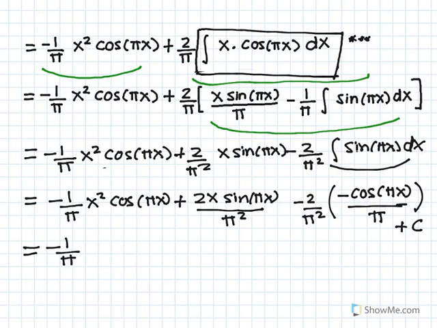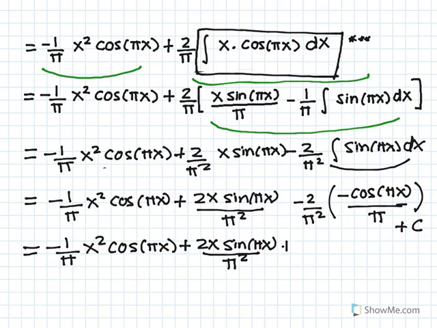Negative 1 over pi x squared cos of pi x plus 2x sine of pi x divided by pi squared. And we have two negatives, they cancel out, so we get plus 2 over pi cubed cos of pi x plus C. That is the answer.